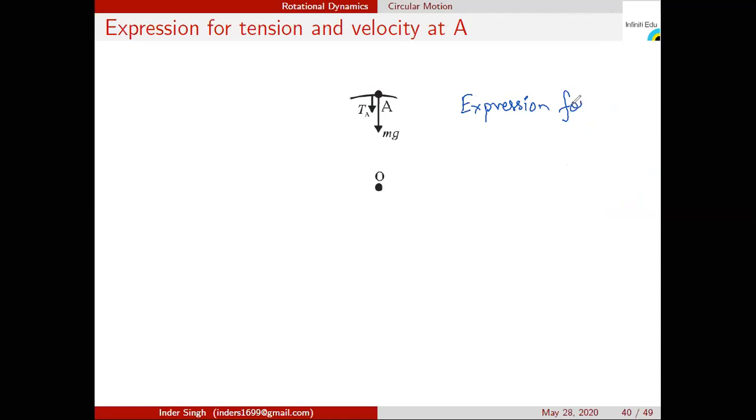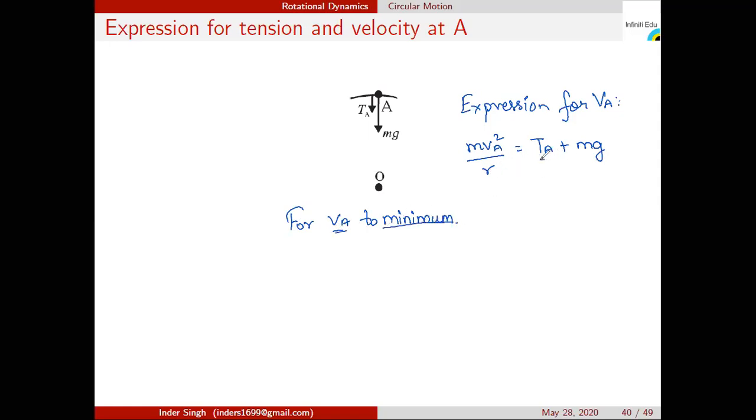The expression for VA was nothing but, we concluded that mVA square divided by R is equal to TA plus mg. We had written up to here. So for VA to be minimum, let's suppose I want VA to be minimum.